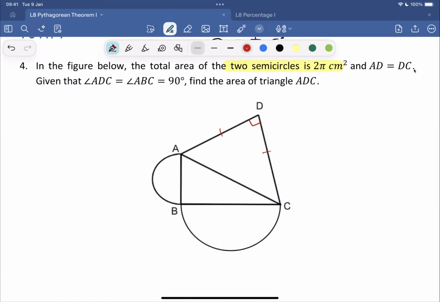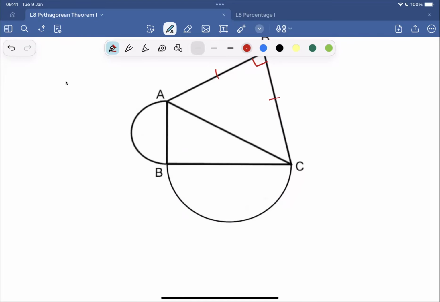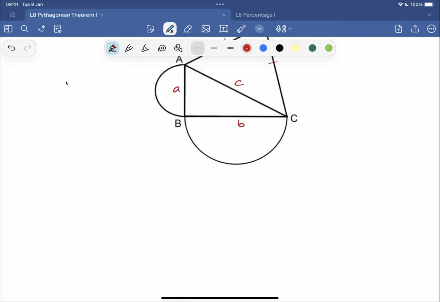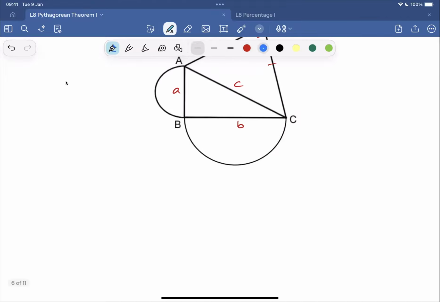Now, looking at this diagram, there's a triangle in the middle. So let's call this side A, let's call this side B, and let's call this side C. Now, they already told you the total area of both semicircles.